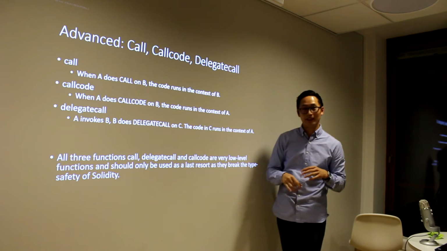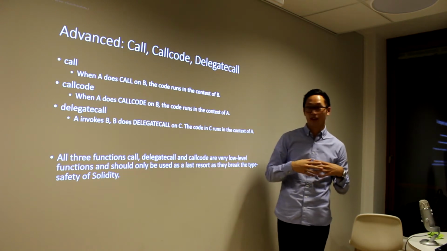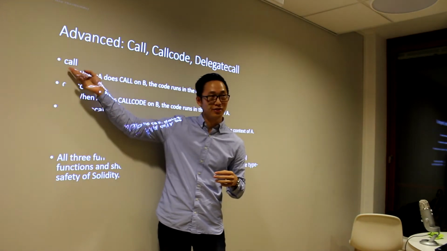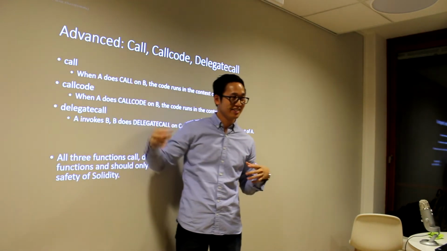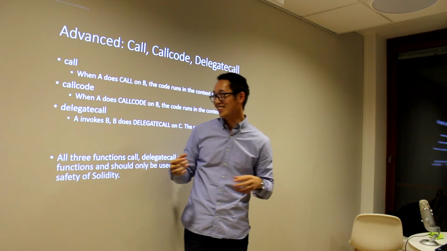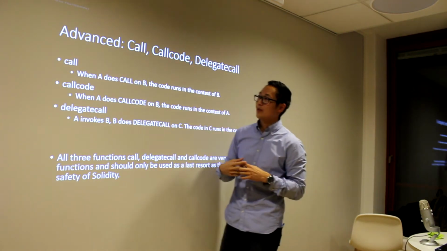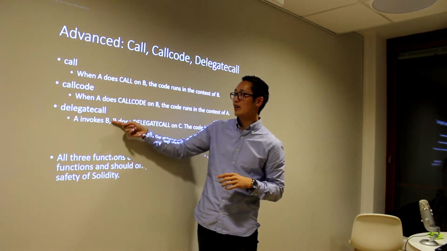For example, the DAO hack, if you have heard about it: someone saw that this low-level call was used, and then some attacker exploited this smart contract. So what's the difference between those three calls?